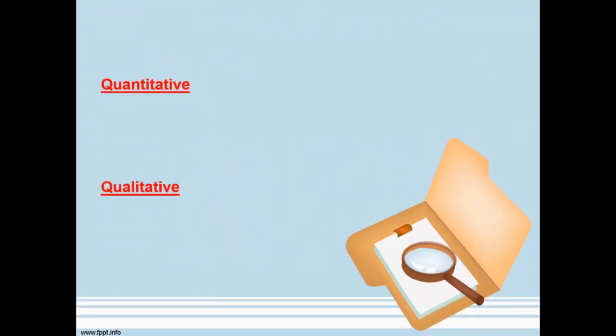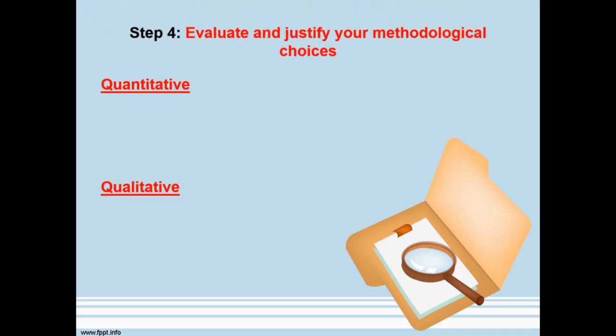Finally, our final step to writing a good research methodology is to evaluate and justify your methodological choices. As such, your methodology should make the case for why you chose this particular method, especially if you did not take the most standard approach to your topic.